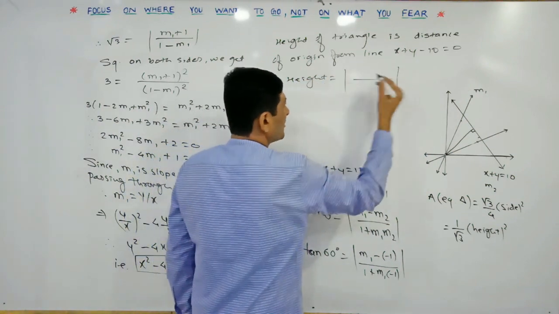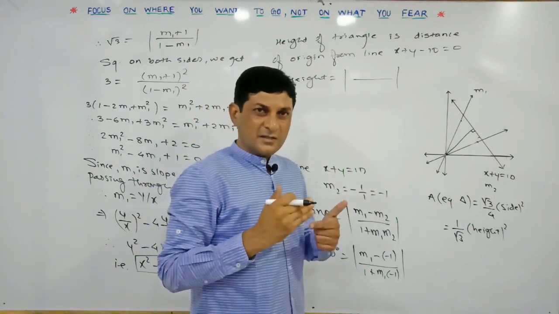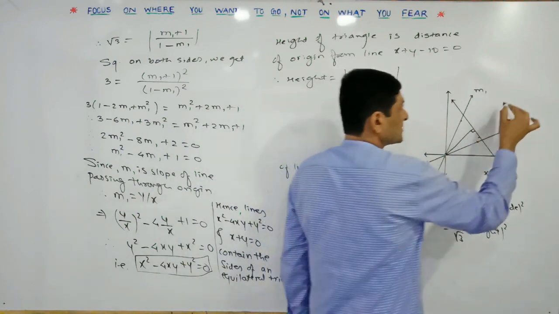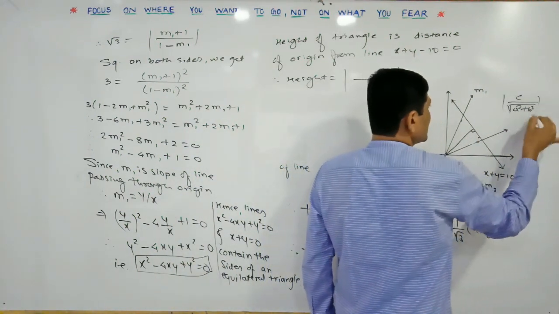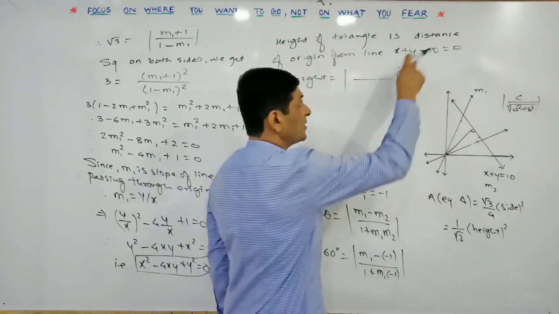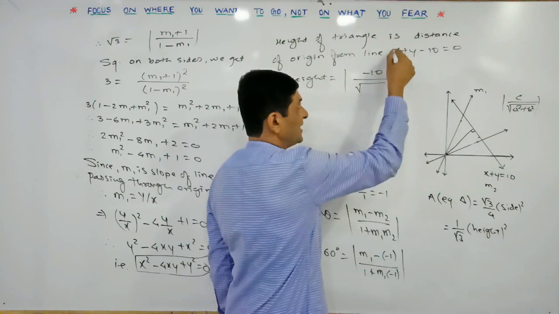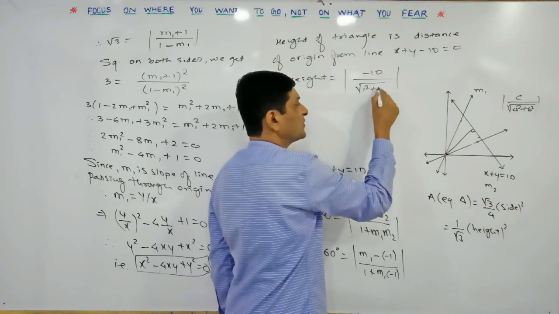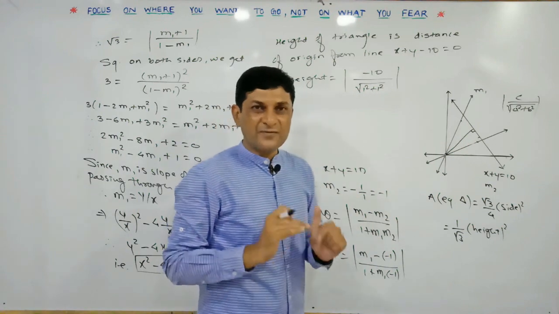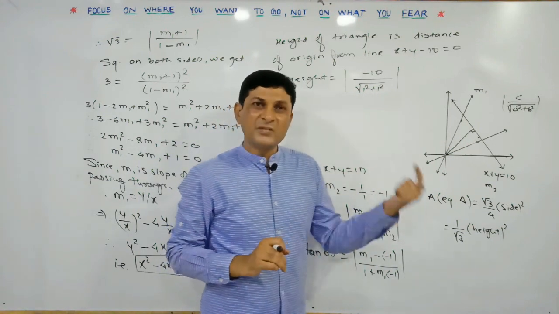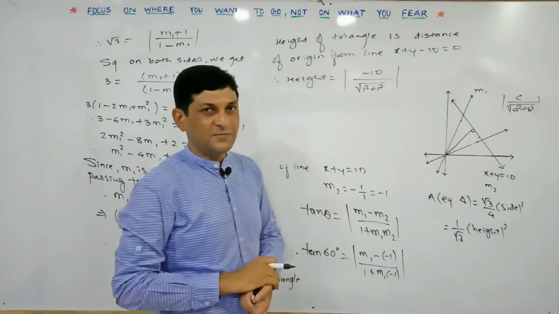we have one formula to find the distance of the origin from the line. That formula is c upon under root a square plus b square, where c is nothing but the constant term. Here the constant term is minus 10, divided by under root a square plus b square, where a means the coefficient of x and b means the coefficient of y. Applying this formula, we are finding the height of this triangle, and we have seen these formulas in the basic concepts, in the first lecture.